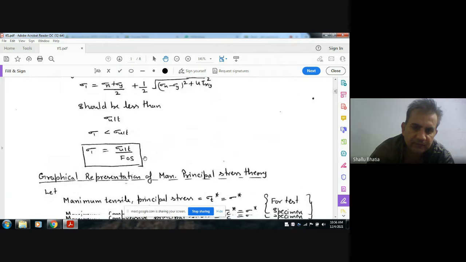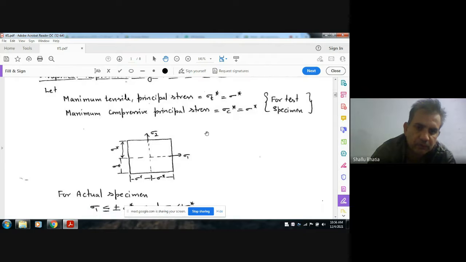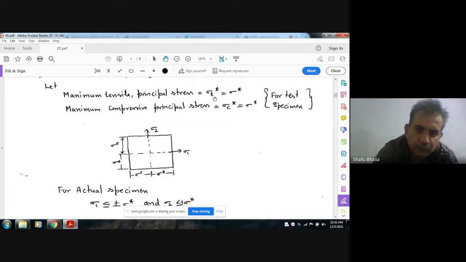Its graphical representation is represented by a scale. Here sigma t and sigma c are the maximum tensile and maximum compressive stresses, and we are assuming that these are the same. The maximum tensile stress which that material can be subjected to and the maximum compressive stress are both equal to sigma star.